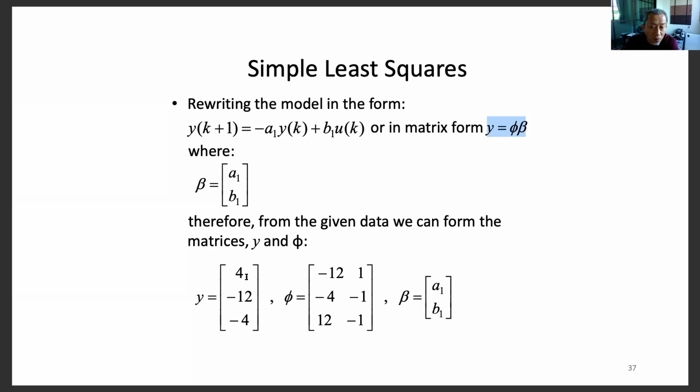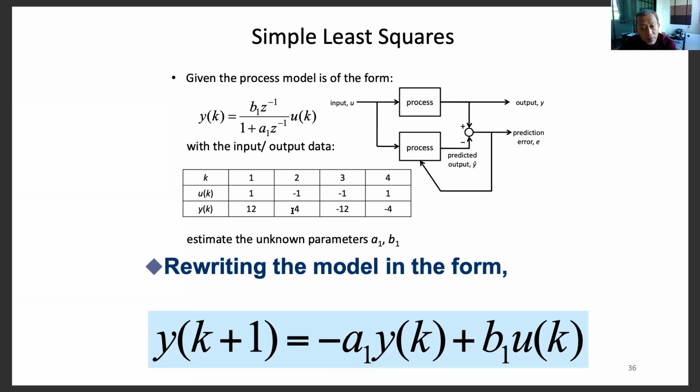Y is equal to 4, minus 12, and minus 4. Where did I get this? It is from here: 4, minus 12 and minus 4, which is y k plus 1.